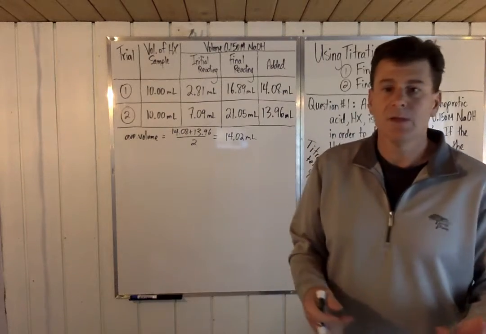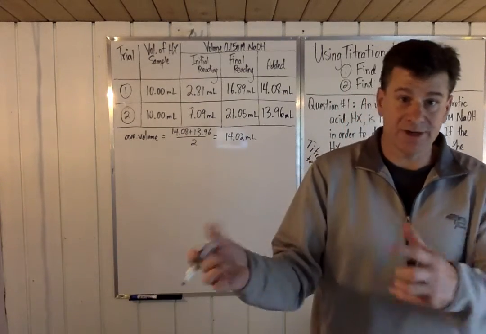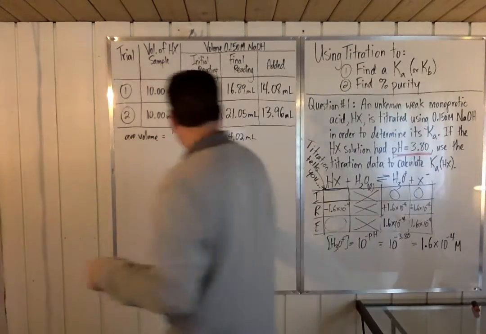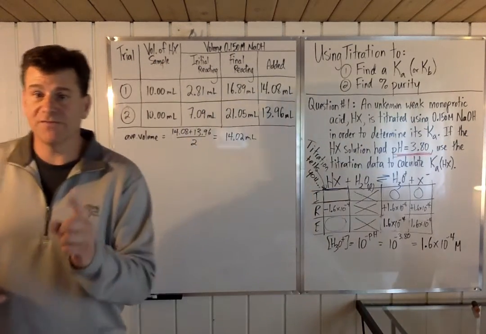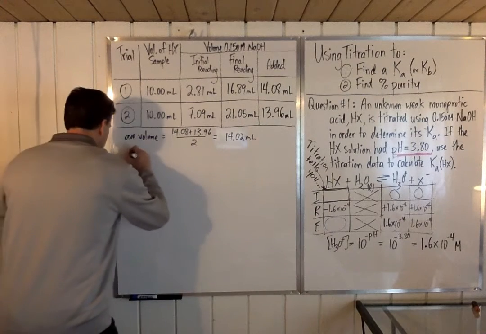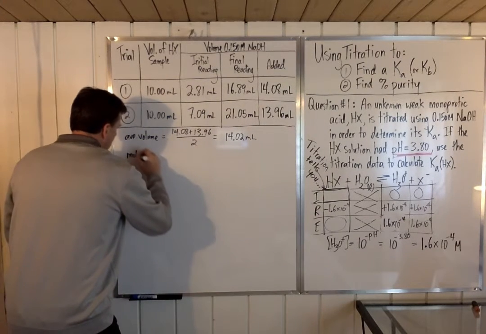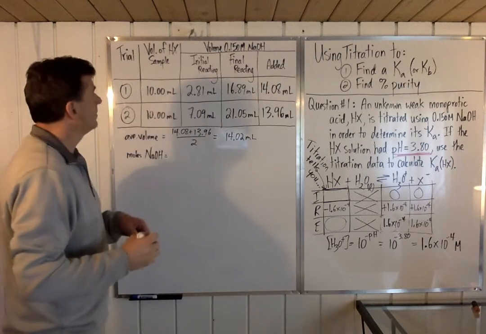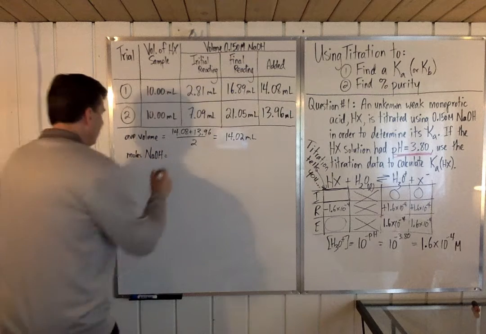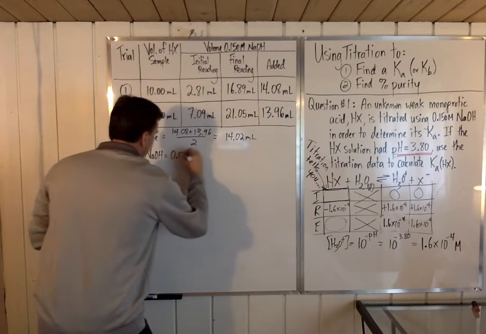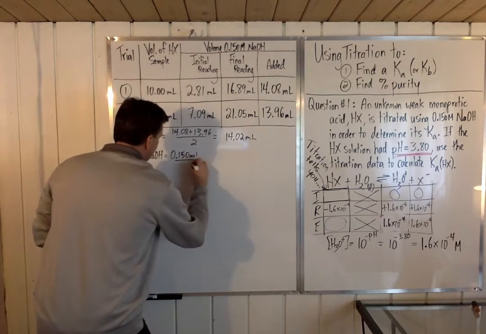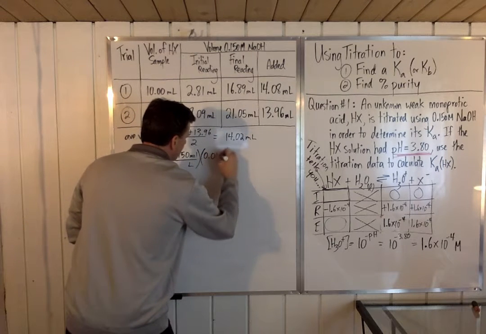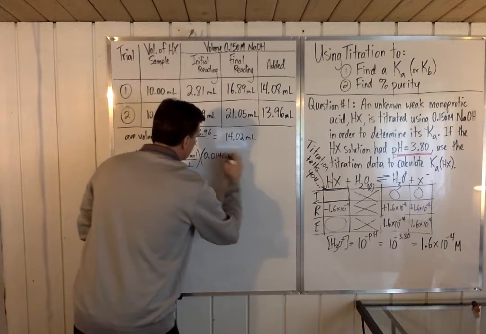So that's the volume that we're going to proceed with. Now we do the moles, not moles of unknown, but the moles of the base that were added. So the moles of NaOH equals 0.150 moles per liter times 0.01402 liters.